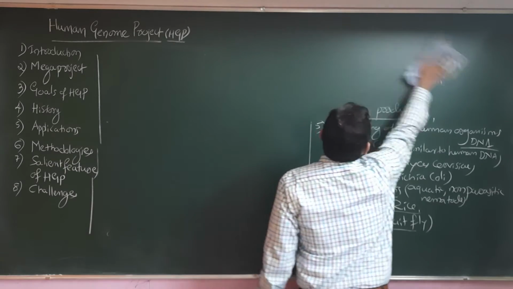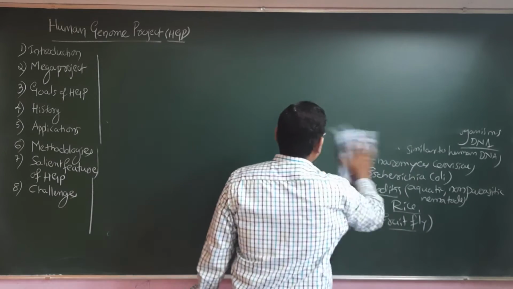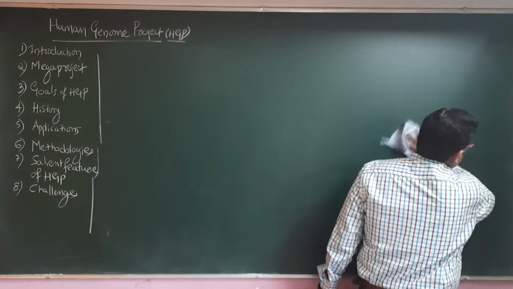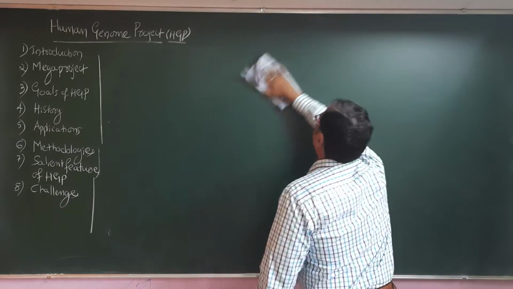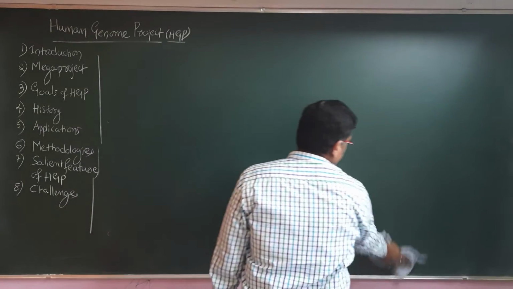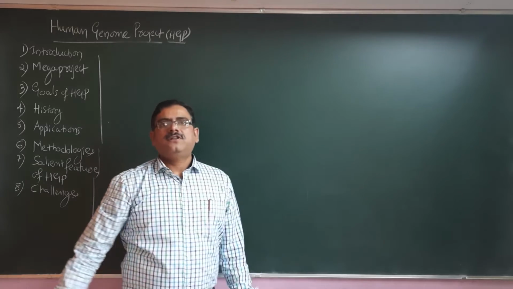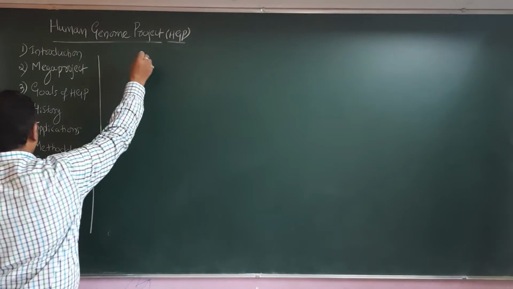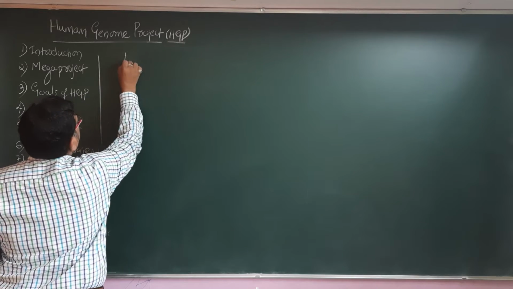A variety of methods have been utilized to carry out this Human Genome Project, which is a massive, very huge project. It is not so easy to accomplish this project, so they utilized lots of techniques or technologies. Let me tell you the methodologies in the Human Genome Project.